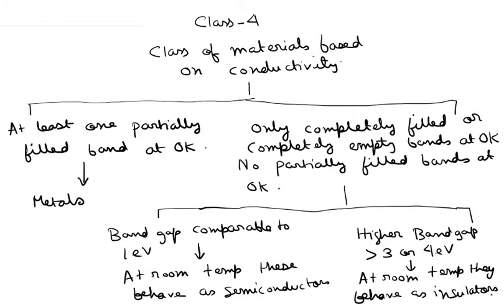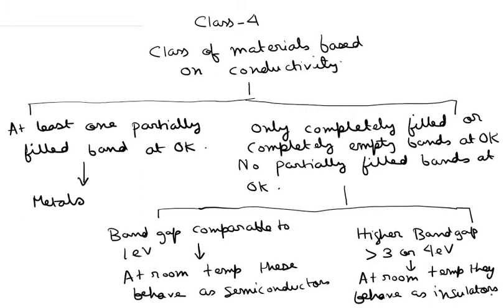On the other hand, if the materials have a higher band gap, that is greater than 3 or 4 electron volts, then it is not easy for the electrons to absorb thermal energy and get excited from the valence to the conduction band, because 3 to 4 electron volts is actually a large energy.